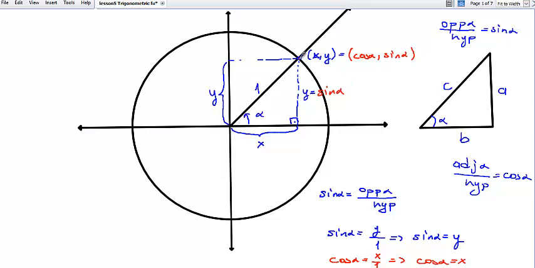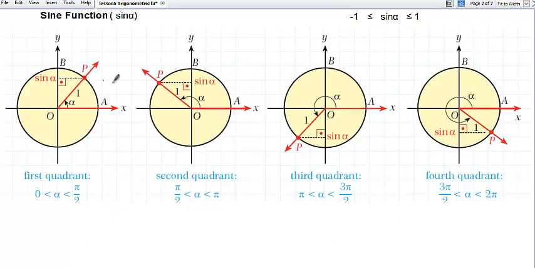The first length here is cosine alpha, and the second length, which is on the y-axis, is sine alpha.